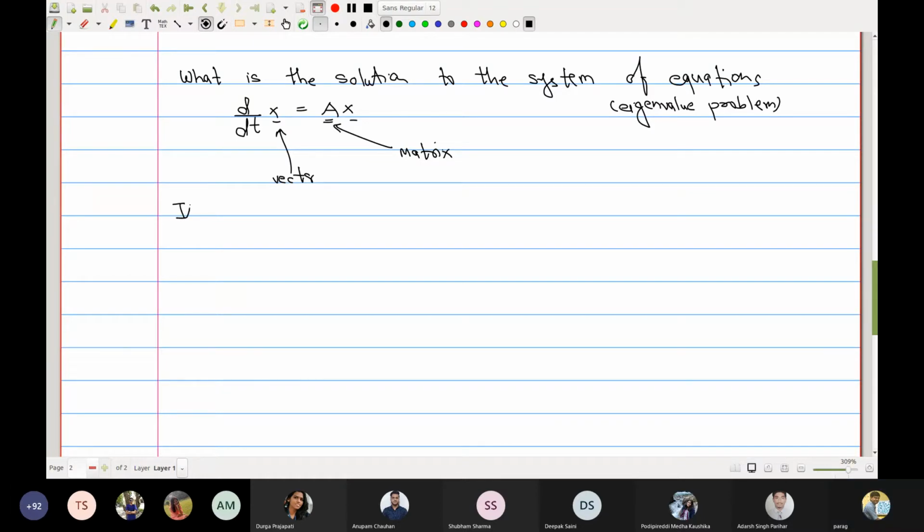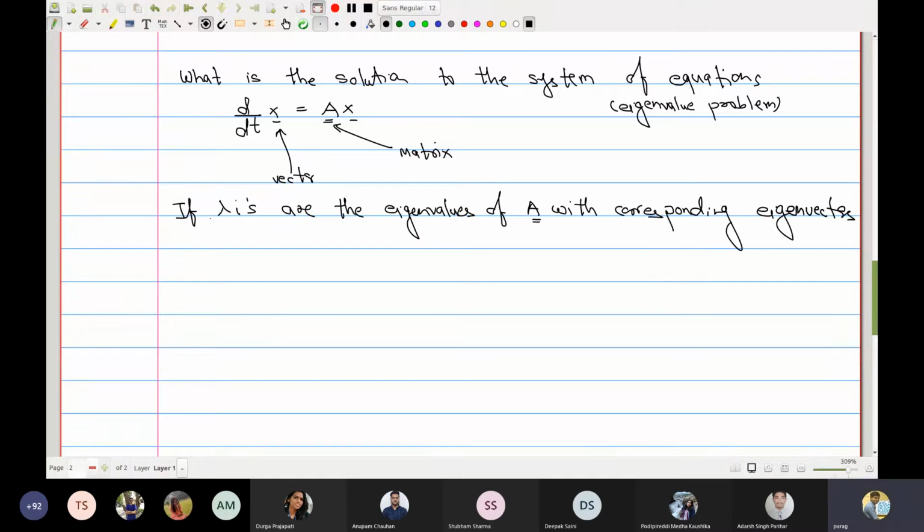So if lambda i are the eigenvalues of A with corresponding eigenvectors v i, then the solution is given as x equals the sum from i equals 1 to capital N of c i e to the power lambda i t times the eigenvector v i.